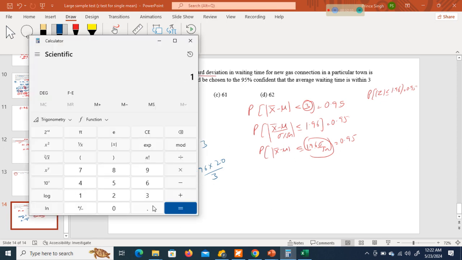1.96 multiplied by 20 divided by 3, and then we take the square of this number.